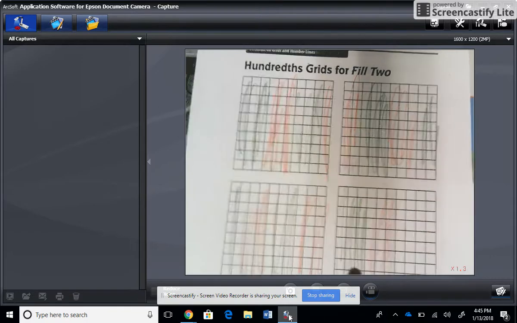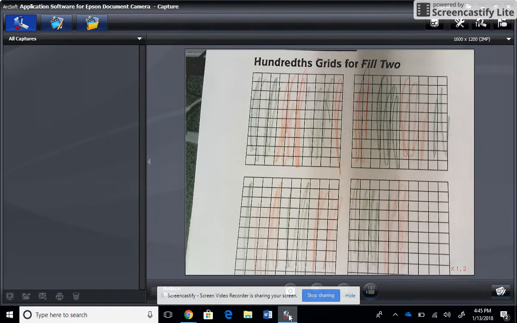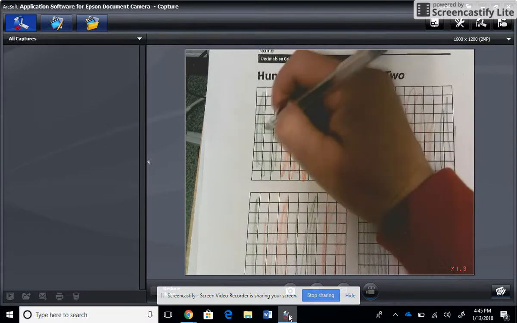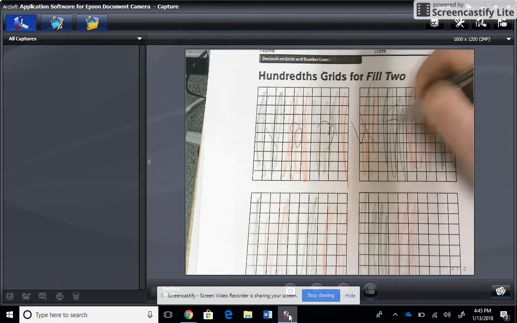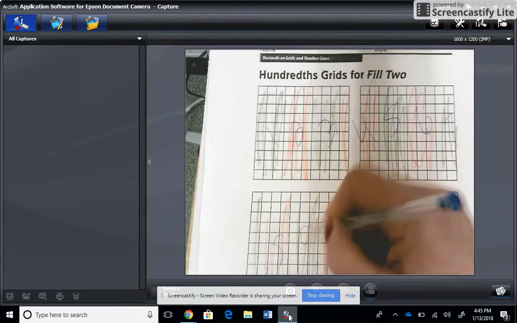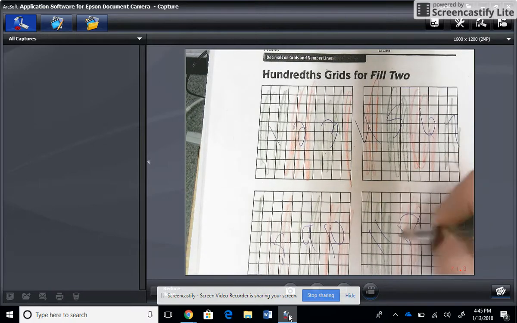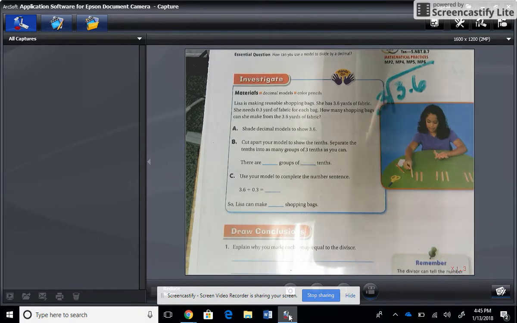And that's 6/10. That's all I'm supposed to have. So how many different ones did I color? 1, 2, 3, 4, 5, 6, 7, 8, 9, 10, 11, 12. If yours was a little bit like that.